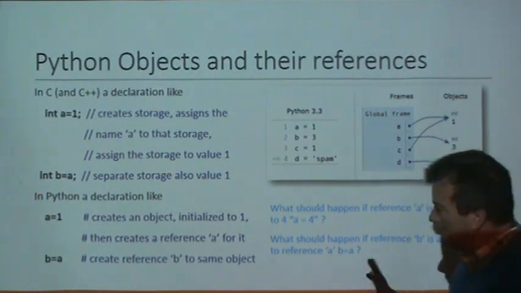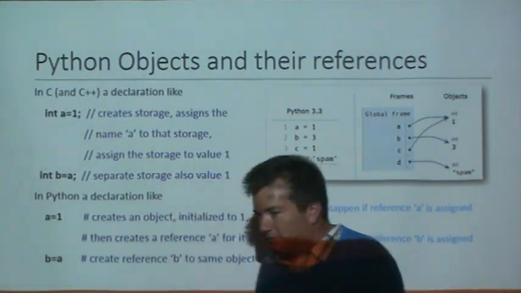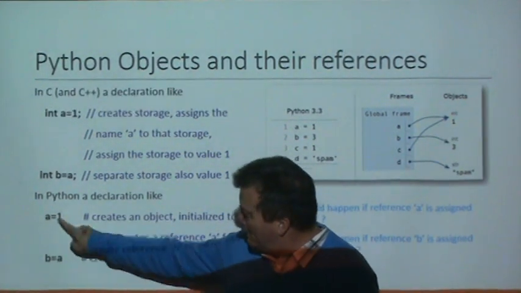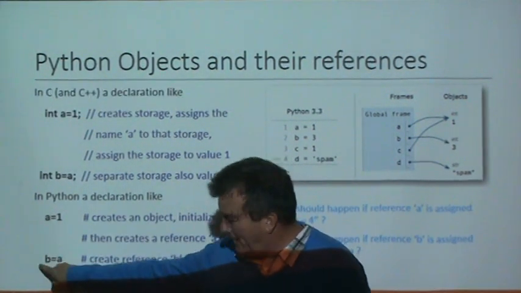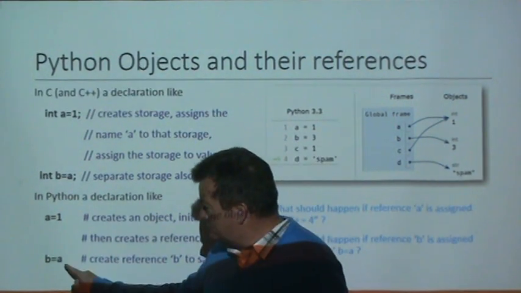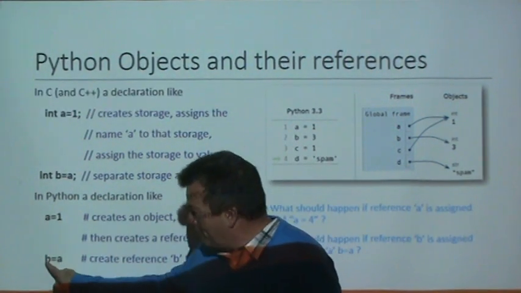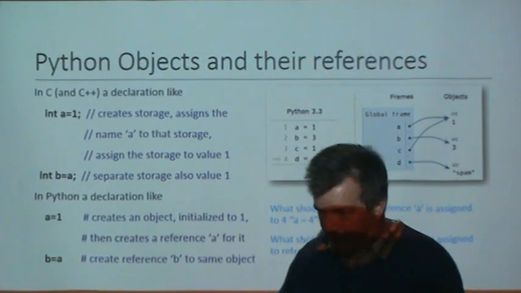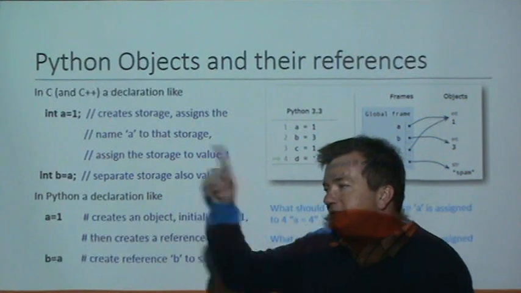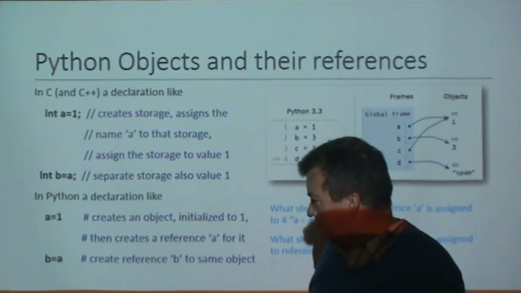So you might think, what does that mean? I have a picture in a second, we'll go over that. Your next line, you're saying B is equal to A. So what Python will do is create a reference called B and have it refer to the same piece of storage that A refers to.